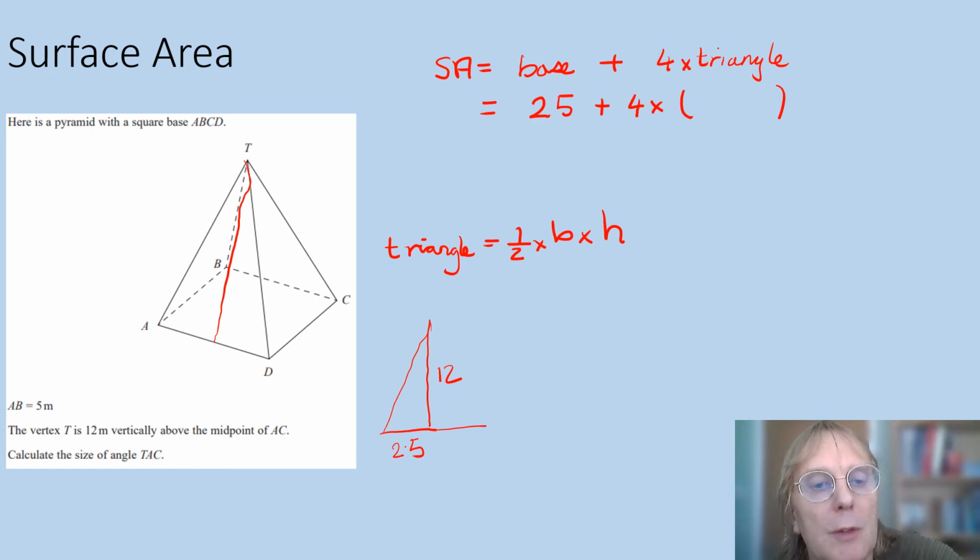So 2.5 and 12. If we use Pythagoras, then we can find the length of the sloping side there. So I'm going to call that S. So S squared equals 12 squared plus 2.5 squared.